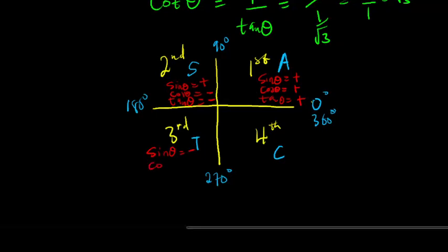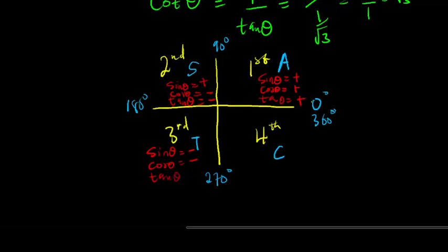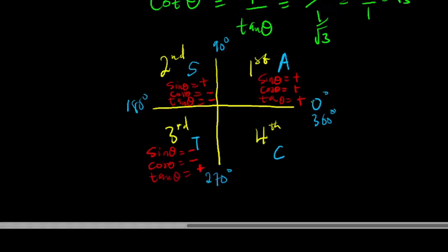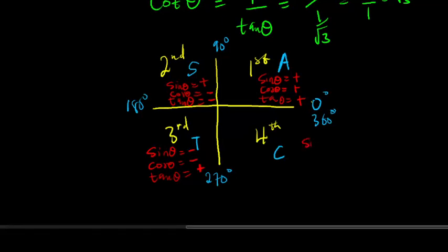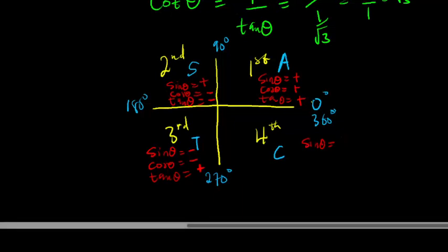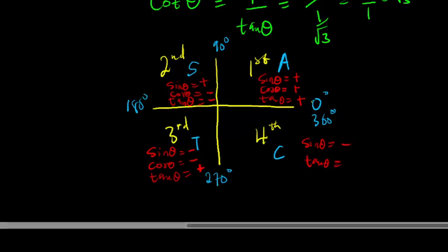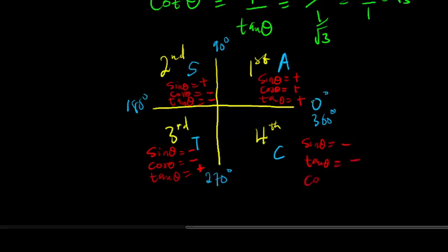We have cos theta to be negative, and tan theta to be positive. Now in the last quadrant, only cos is positive, so we have sine theta to be negative, tan theta to be negative, and only cos theta to be positive.